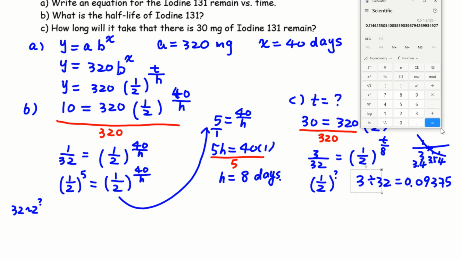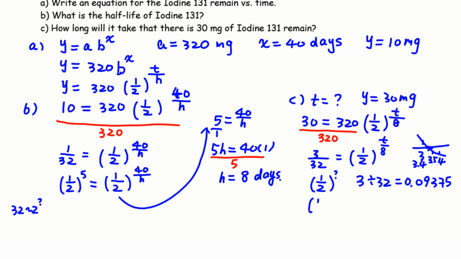Then it is bigger, 0.5 to the exponent 3.415. So this one is close. So 1 over 2 to the exponent 3.415 equals 1 over 2 to the exponent t over 8.